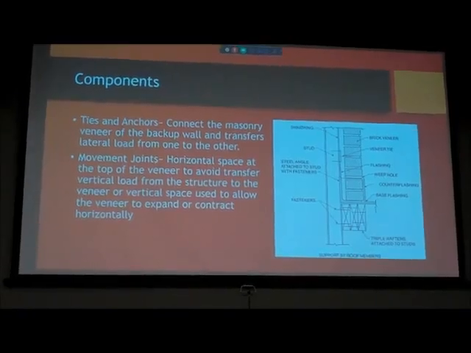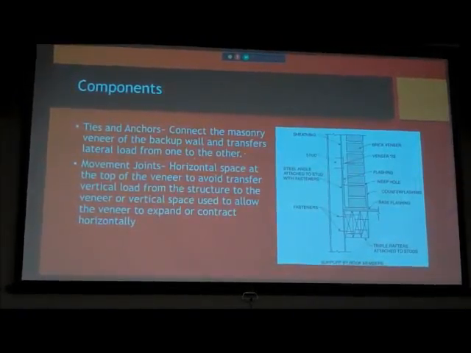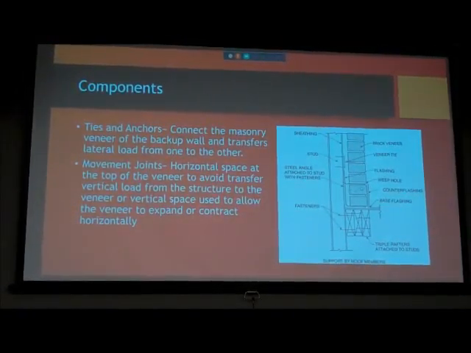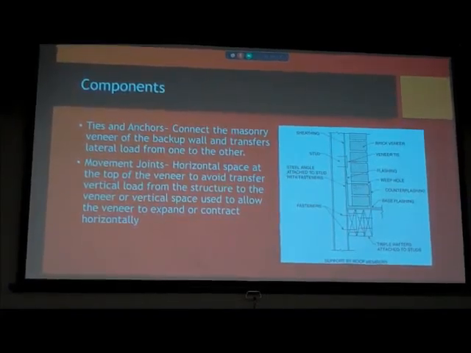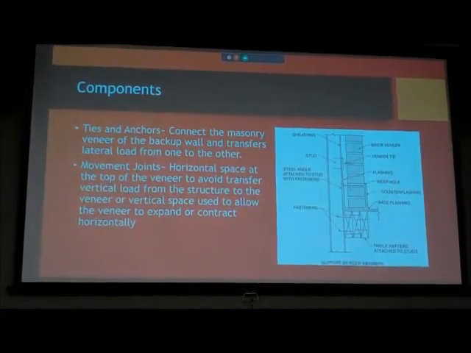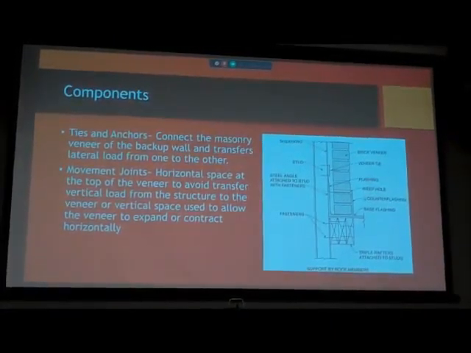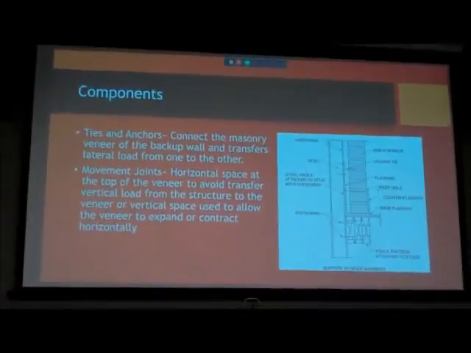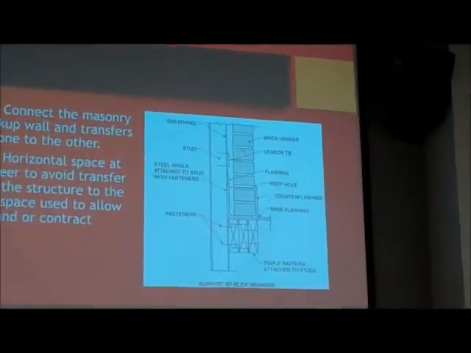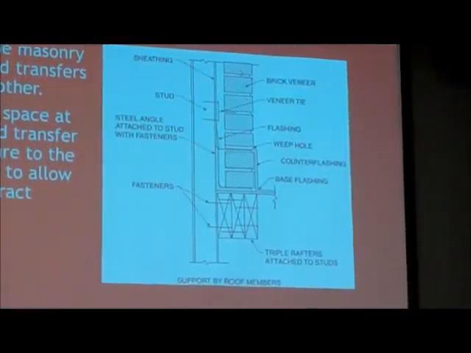We also need movement joints, which would be a horizontal space on top of the veneer. Like you can't see it here, but it would be in between one of these spaces.